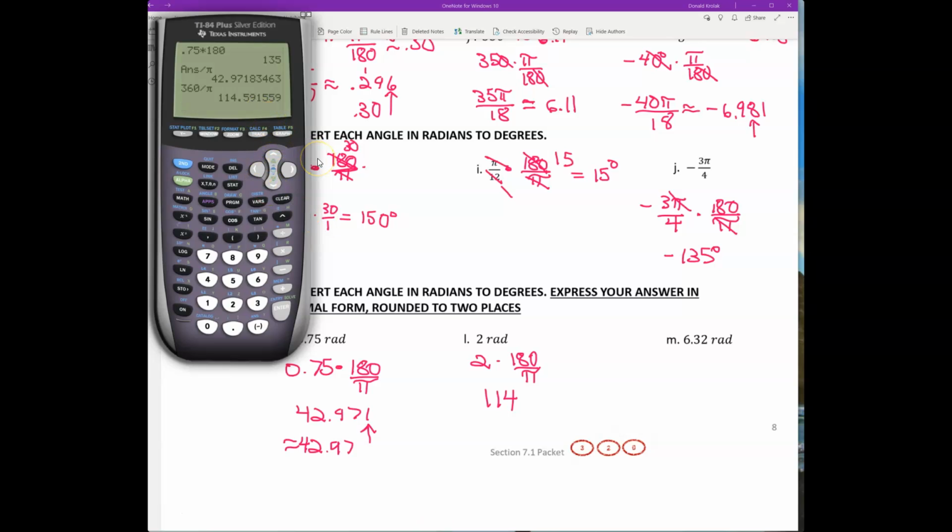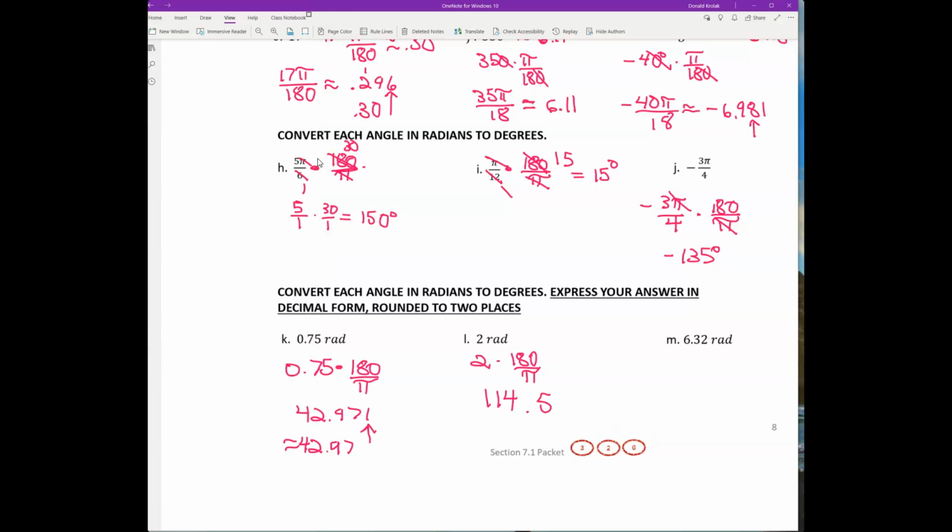Okay, 114.591. So the 9 is in the second decimal, so I look at the 1, it says leave it alone. So that's approximately 114.59.